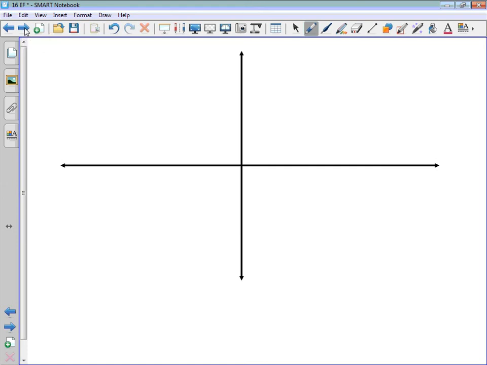We didn't have a vertical asymptote, but our horizontal asymptote was y equals 1. So let's add that in. Then our y-intercept was negative 1, so let's add that point on here.